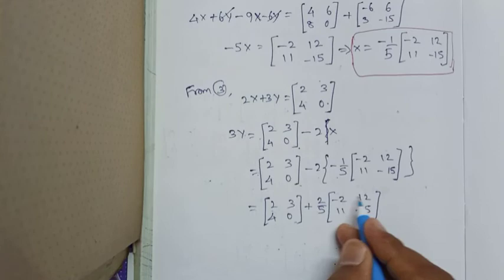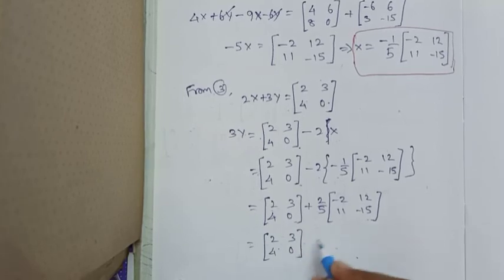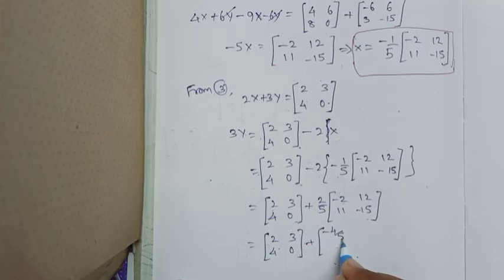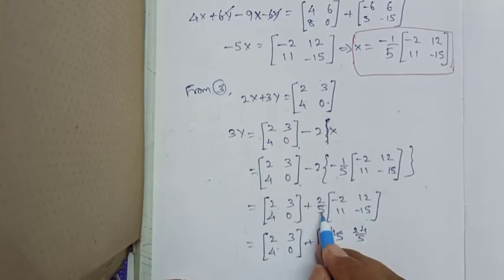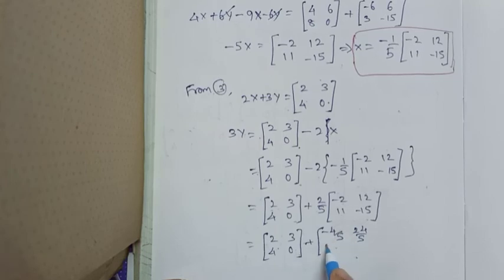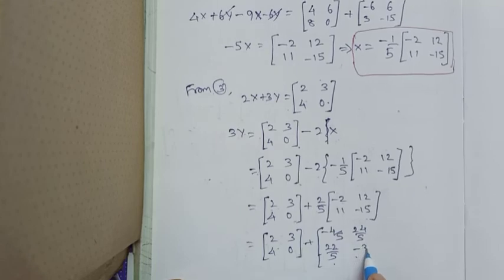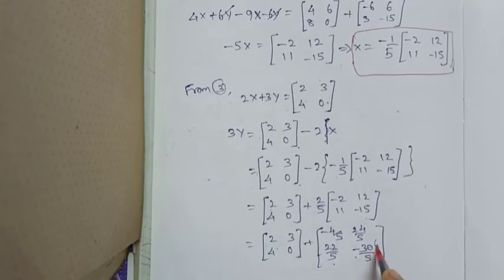Now multiply 2 by 5 into each element. We get 2, 3, 4, 0 plus 2 into minus 2, that is minus 4 by 5, and 2 into 12 is 24 by 5. Here 2 into 11 is 22 by 5, and minus 2 into 15 is minus 30 divided by 5, that is minus 6, since 5 6s are 30.